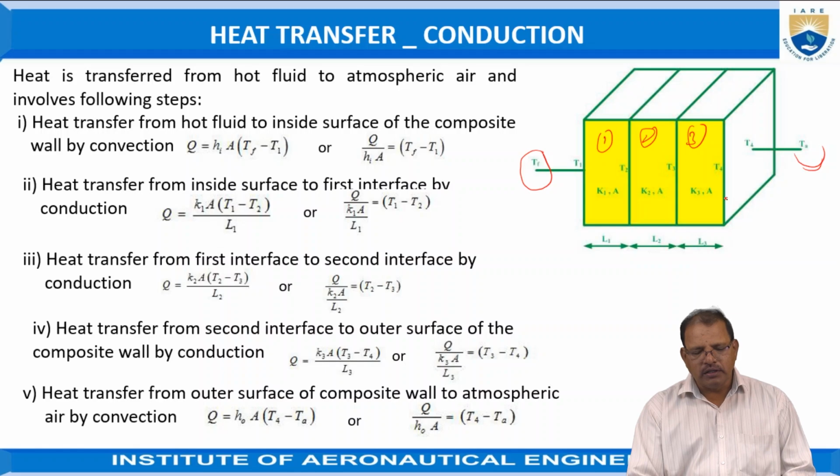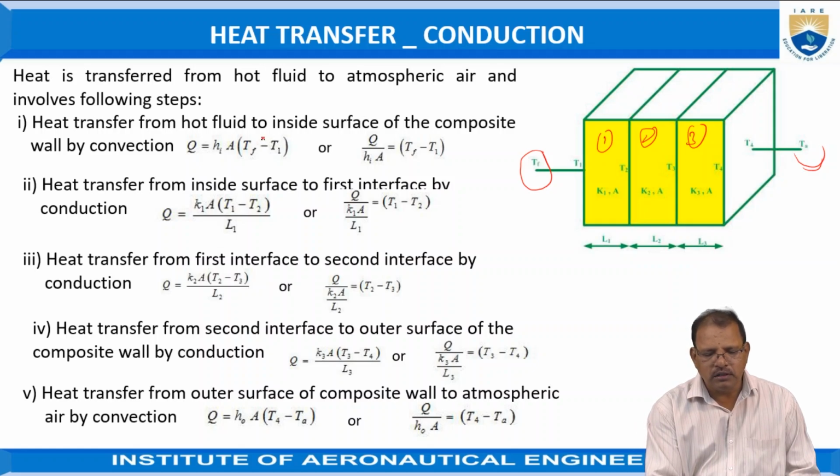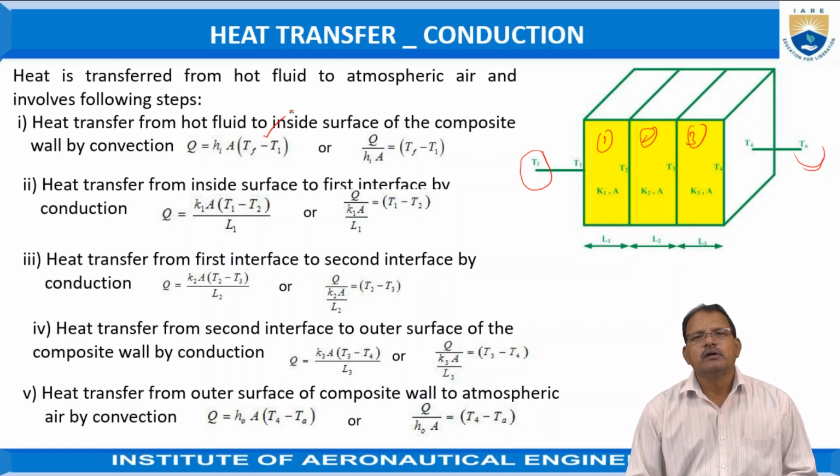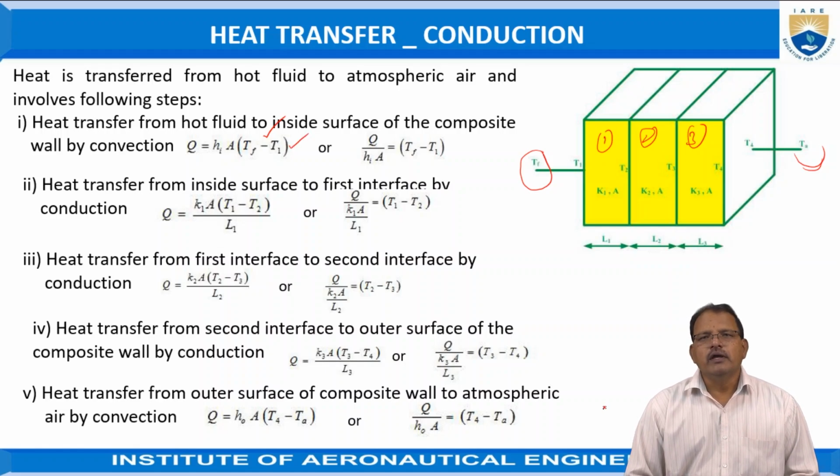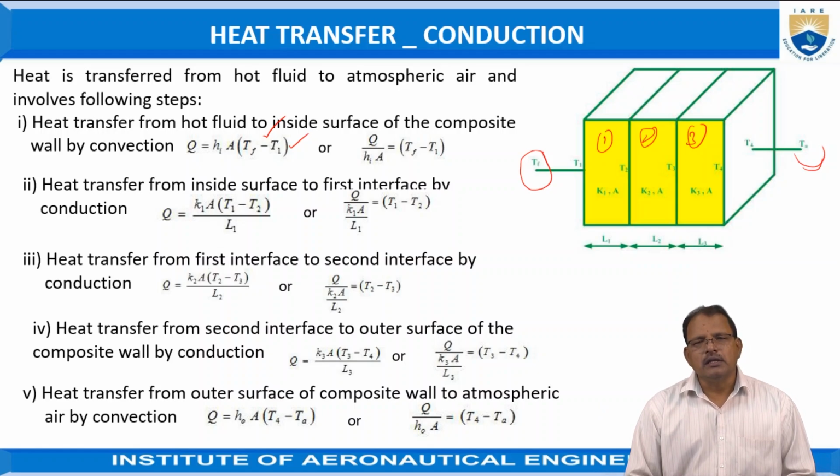So here we take the heat transfer from hot fluid to the inside surface of the composite wall, by convection. That is Q = Hi A (Tf - T1), where Hi is the convective heat transfer coefficient of the hot fluid, A is the area of the cross section, Tf is the temperature of the hot fluid, and T1 is the inner temperature of the wall.